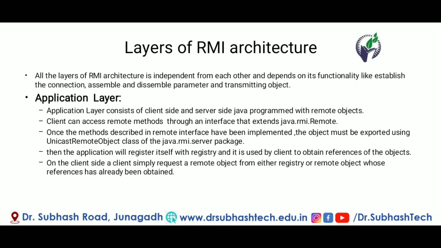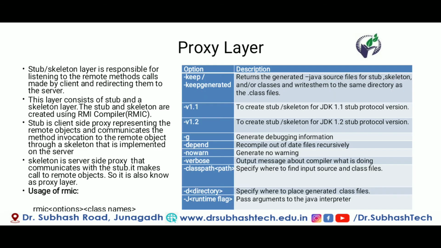At that time, the remote object sends a reference, that is a unicast remote object, and it is stored by the RMI registry. Whenever you want to fetch that particular method or call the method, you just have to contact the RMI registry, and you can get that remote object. So this task is done by the application layer.